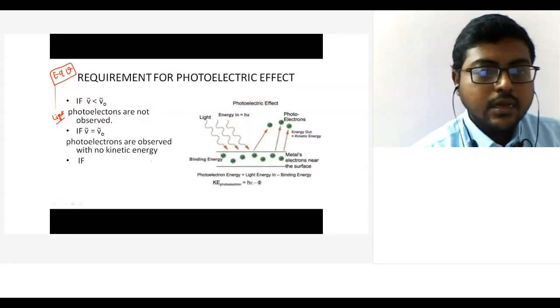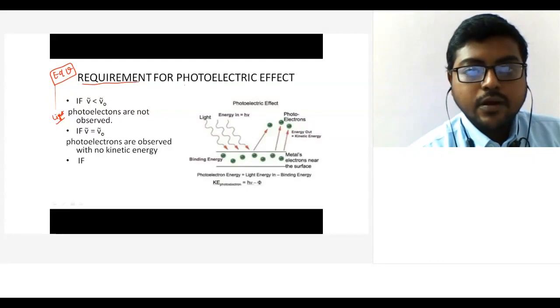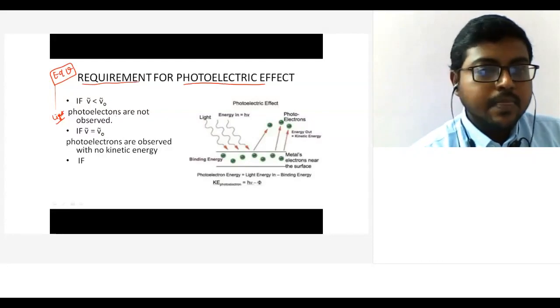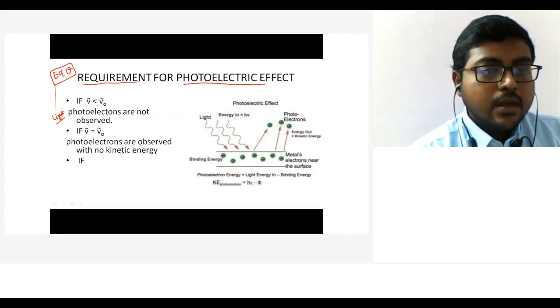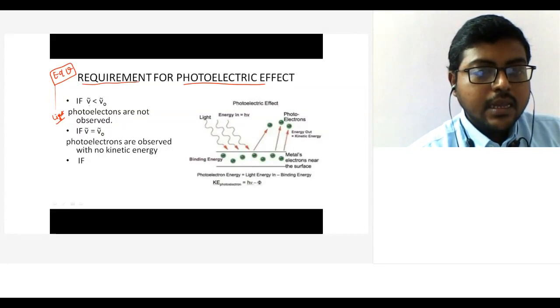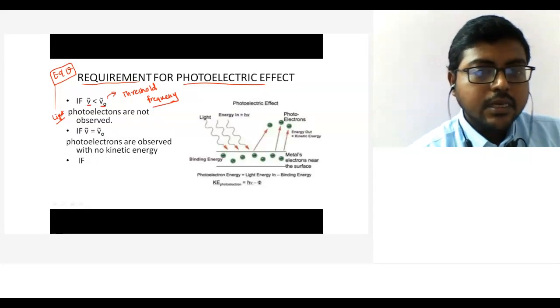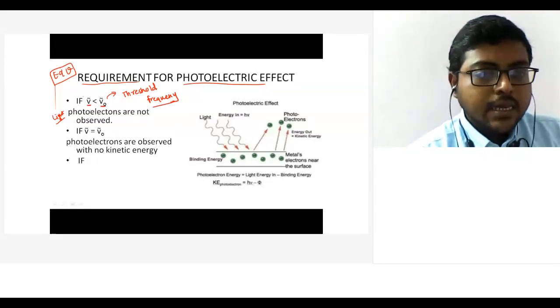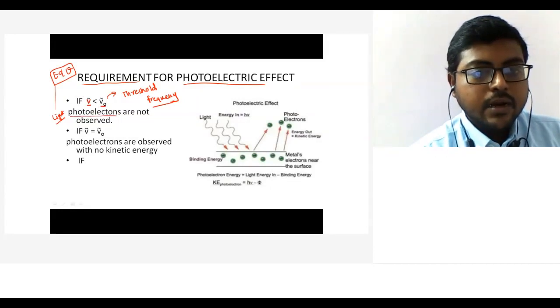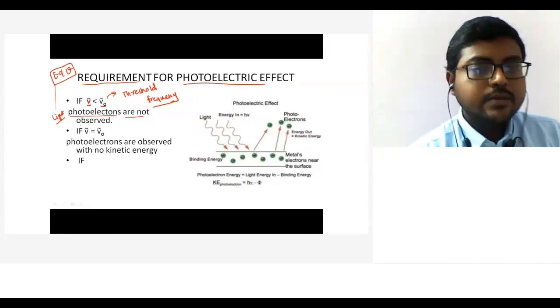So this is the requirement for the photoelectric effect: if the incident frequency is less than the threshold frequency, this one is called the threshold frequency, then the photoelectric effect is not observed.